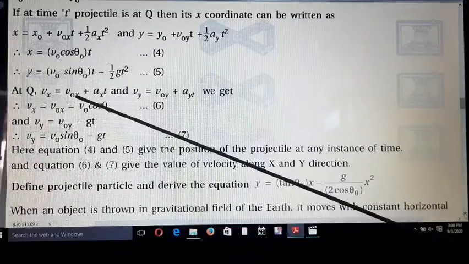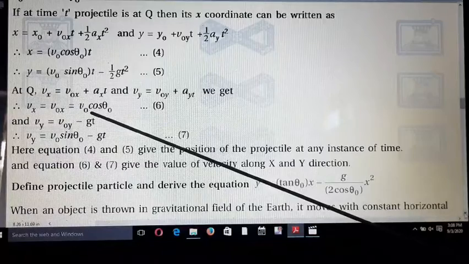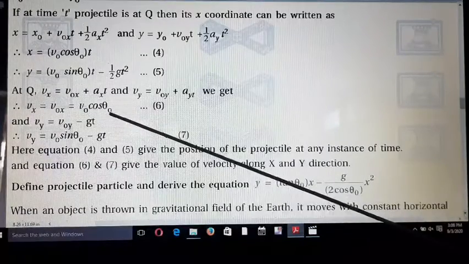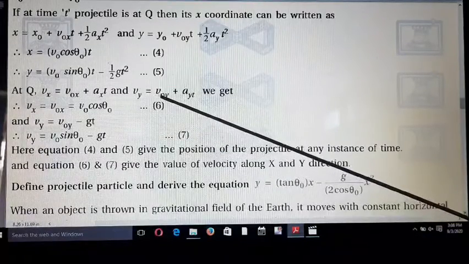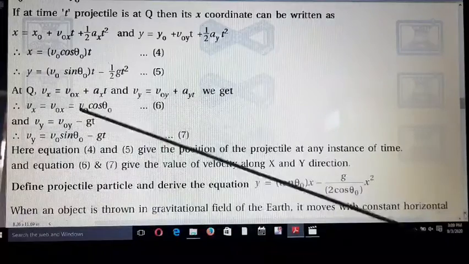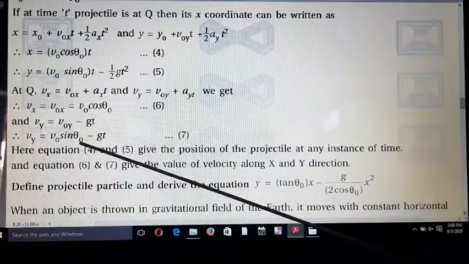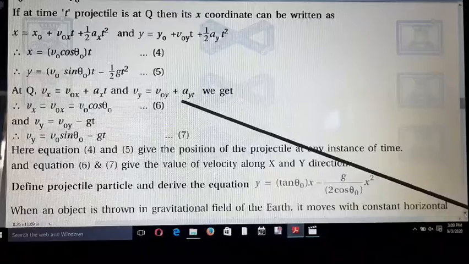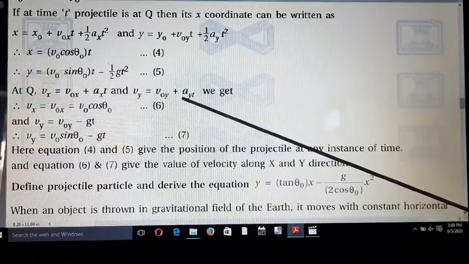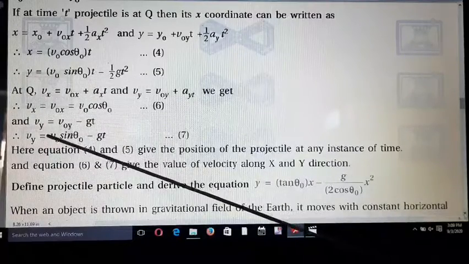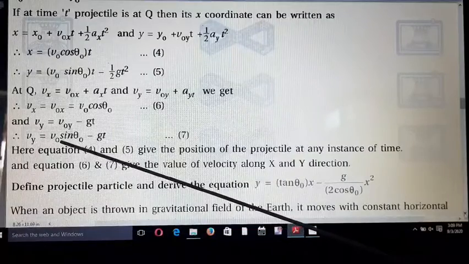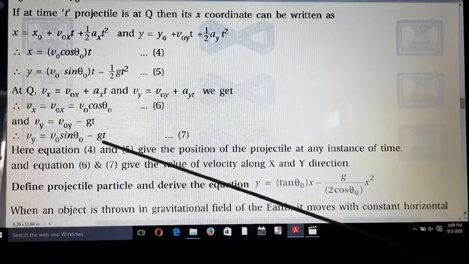In the same way, vy is equal to v0y, where v0y is v0 sin theta 0, and a_y is minus g. So we get vy is equal to v0 sin theta 0 minus g t.